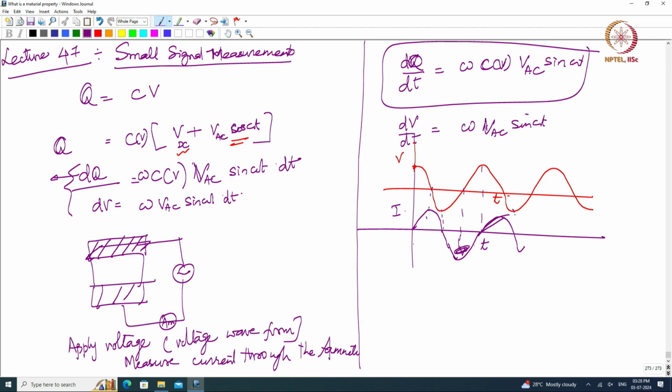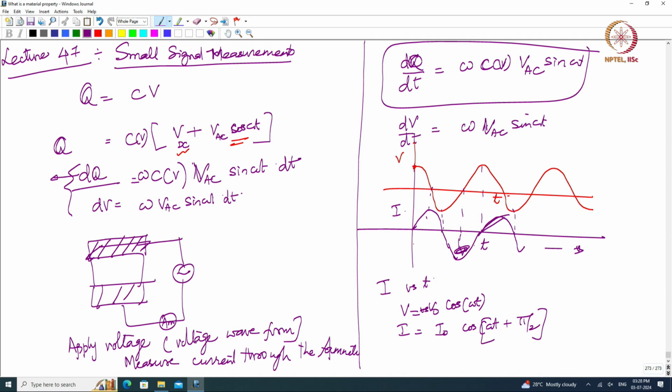Right. So, that is 0 and so on and so forth. So, current versus time. If I have voltage versus time which is going as cos omega t, so voltage equal to V naught cos omega t, current will then be I naught cos(omega t plus pi by 2).